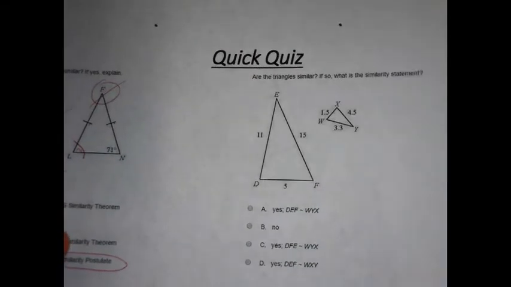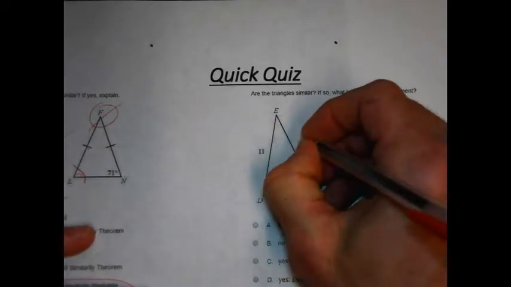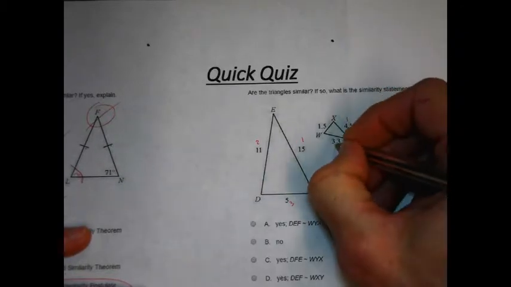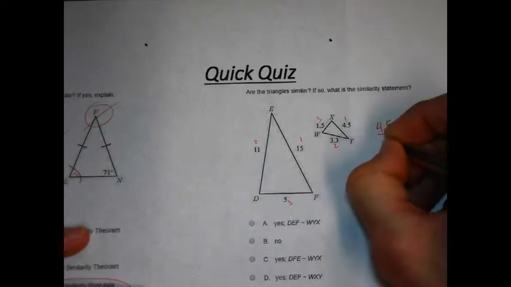Next question. Are the triangles similar? If so, what's the similarity statement? I did this before, I'll do it again quick. Longest, second longest, third longest. So 4.5 corresponds to 15. Is that going to be equal to 3.3 corresponding to 11?